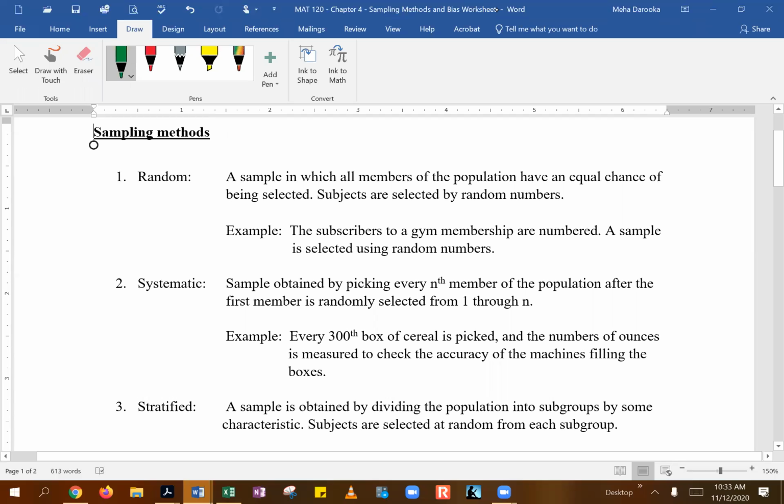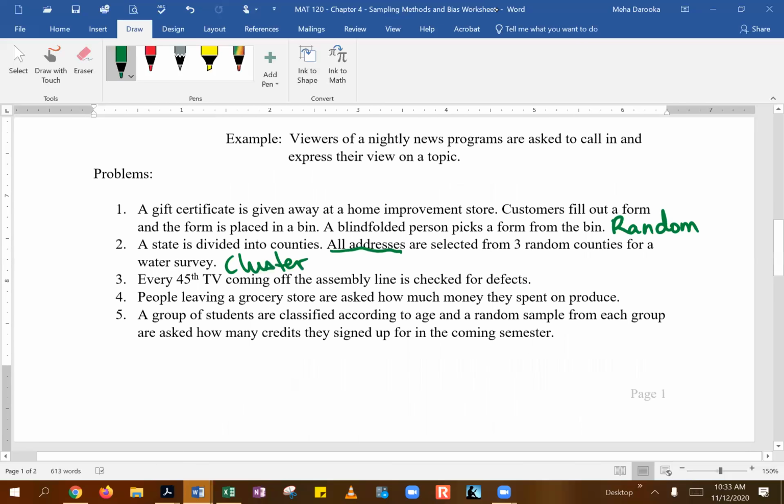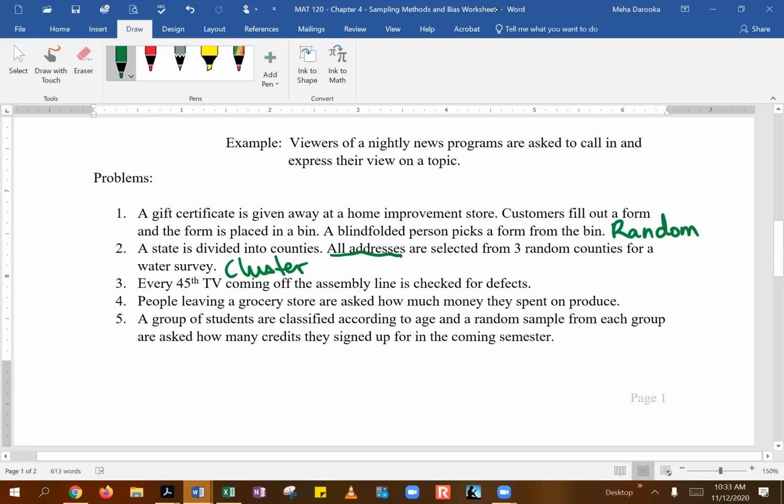They're saying a sample obtained by picking every nth member of the population after the first member is randomly selected. So yeah, very good, because they are telling us this is every 45th TV coming off the assembly line. So very nice. Systematic for this one.